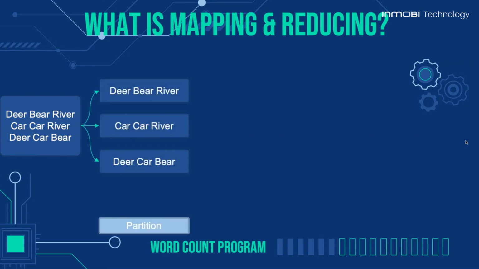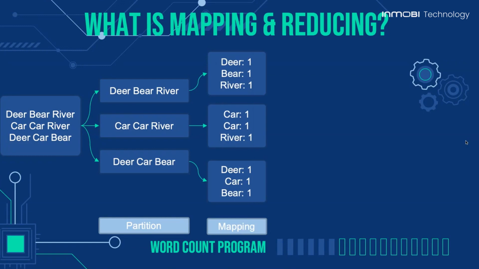So suppose you divide it into three particular files. This is called a partition. In a real use case, the date or timestamp is the key based on which you divide all your data. Then you need to do the word count. This is a word count program.